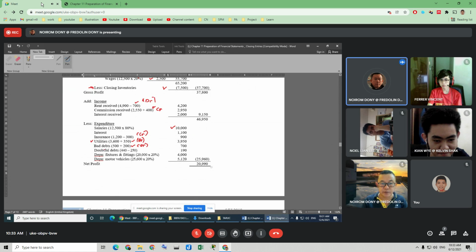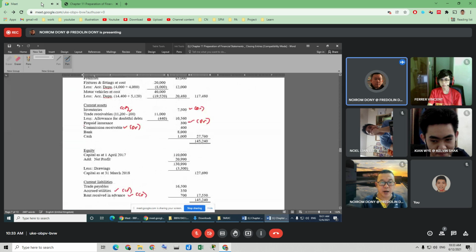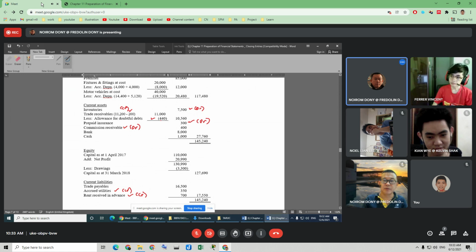Look at this, doubtful debts. This is debit 190. And where is the credit? The credit is in the current asset, where you will have allowance for doubtful debts. We use the closing balance, 440.